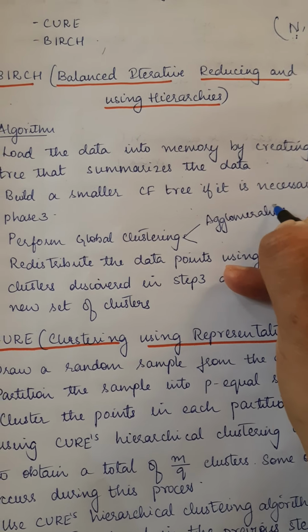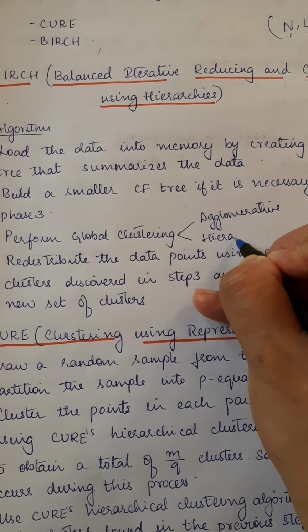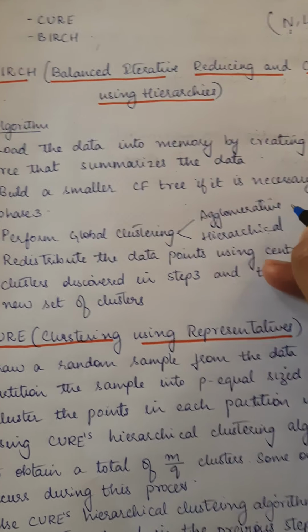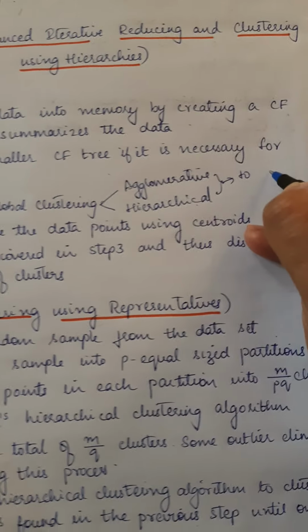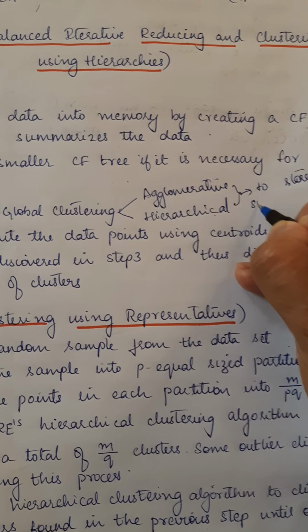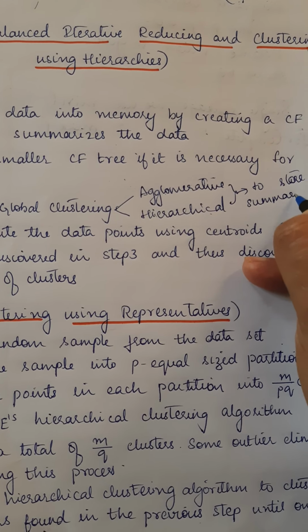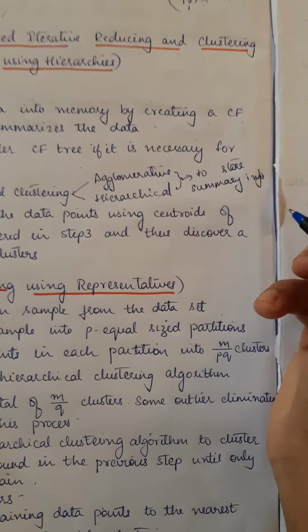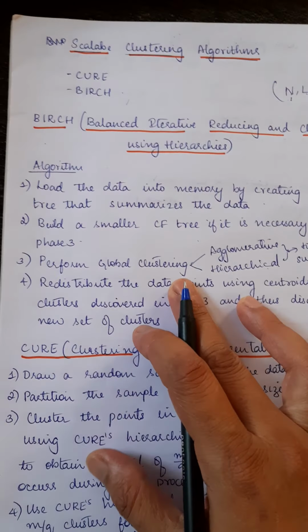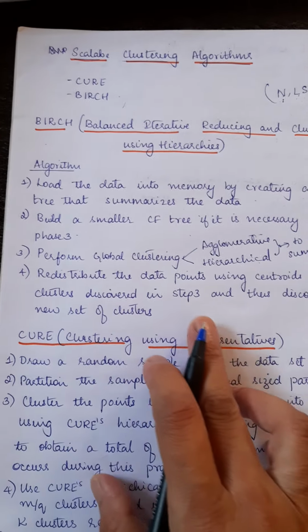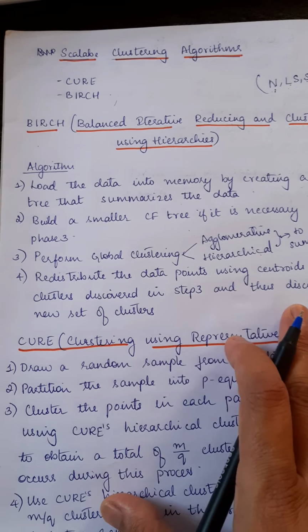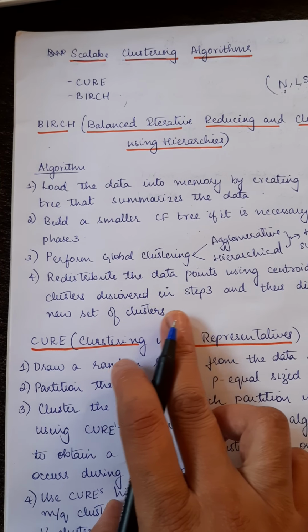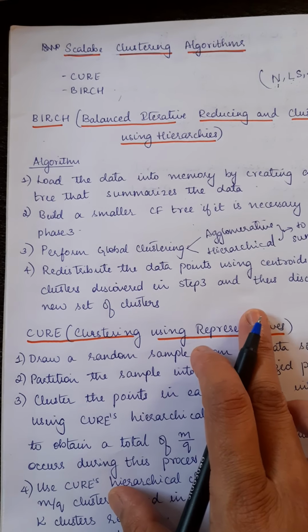That is why this technique is used. Then redistribute the data points using the centroids of the clusters discovered in step 3, and thus discover a new set of clusters.